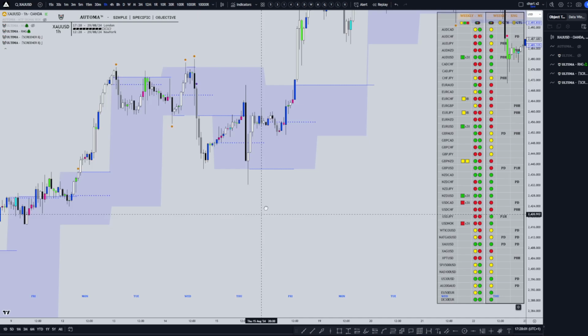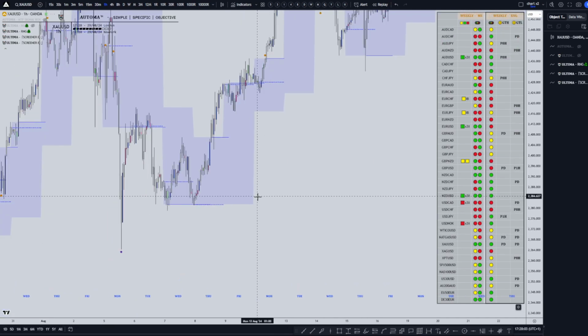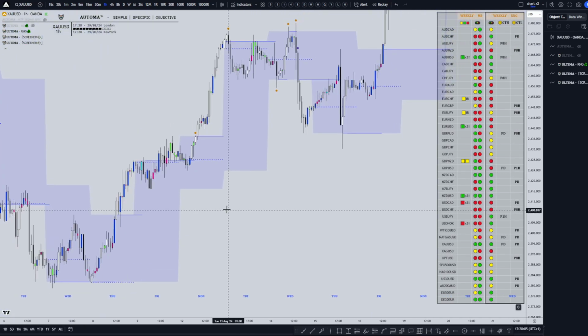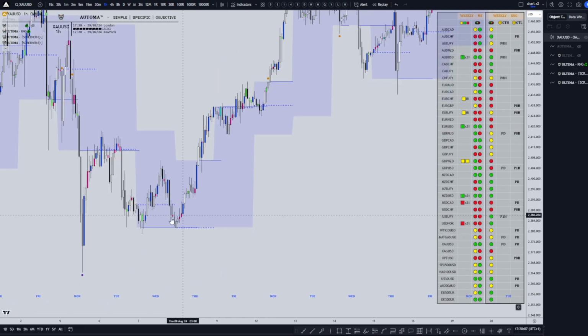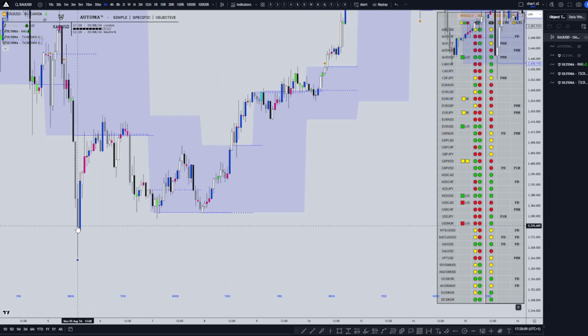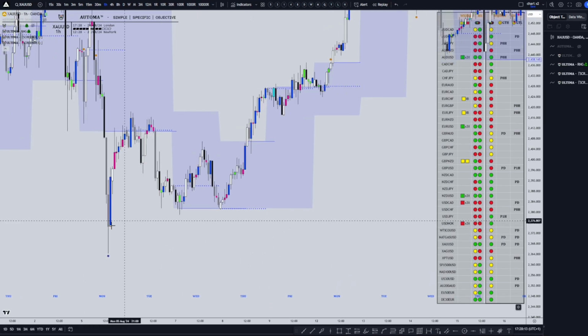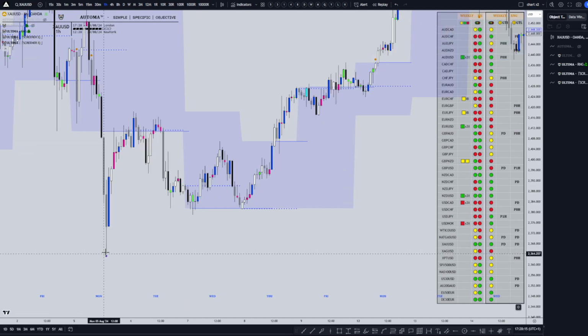Similar. That's not low of the week. Monday. So basically, this is low of the month, low of the week. Sweep that is probably on the weeklies, or actually, yeah, this is weeklies.